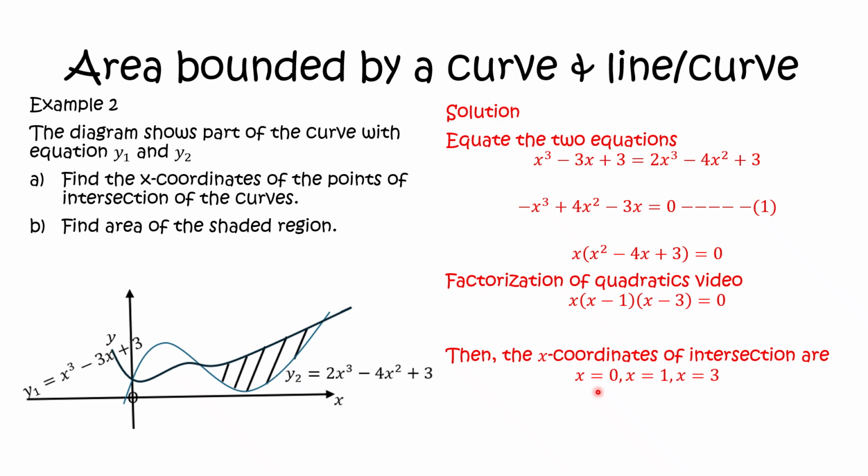And x is 0, which we had already, x is 1, and x is equal to 3. So we have our 2 limits. X is equal to 1 being the lower limit, and x is equal to 3 being the upper limit.